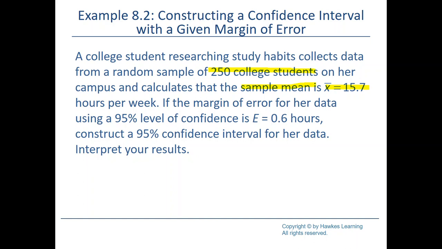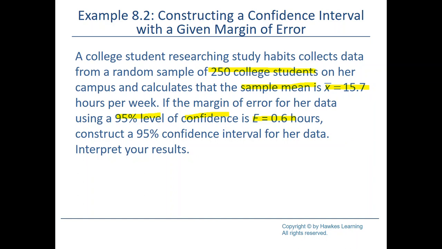Now, if the margin of error for her data using a 95% level of confidence is E equals 0.6 hours, we want to construct a 95% confidence interval for her data. And then we're going to interpret it. So notice I've highlighted some very important key things.